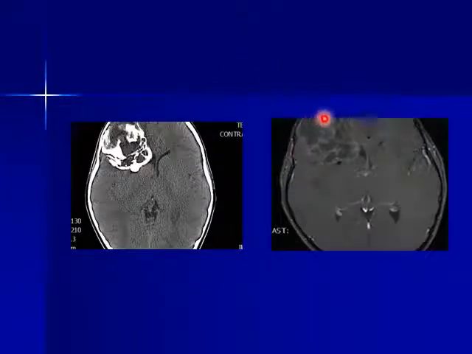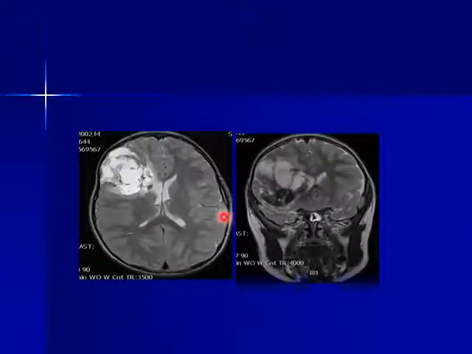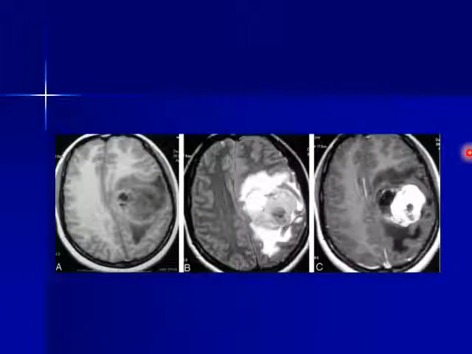Again, this is a suspicious-appearing lesion, extraventricular neurocytoma with calcification. Again, calcification and hemorrhage. Okay, the solid component is enhancing, and may be surrounded by vasogenic edema. Actually, it is difficult to tell in this patient that it is extraventricular neurocytoma.